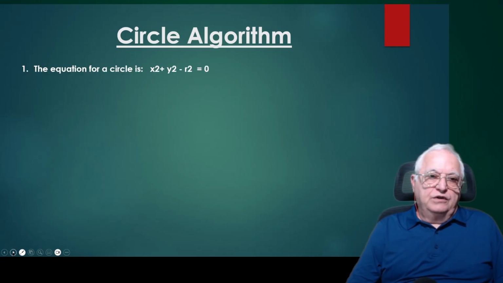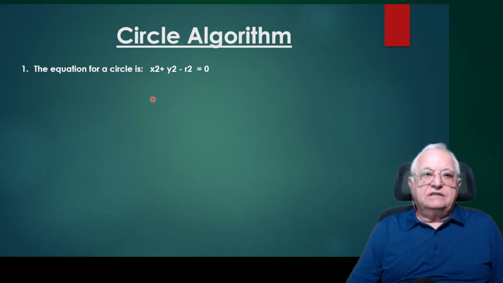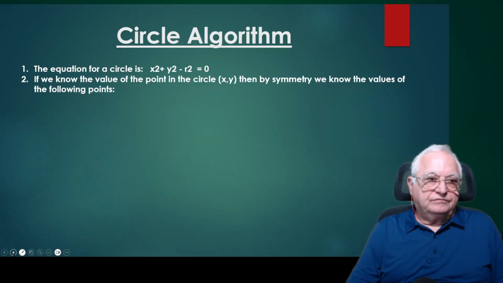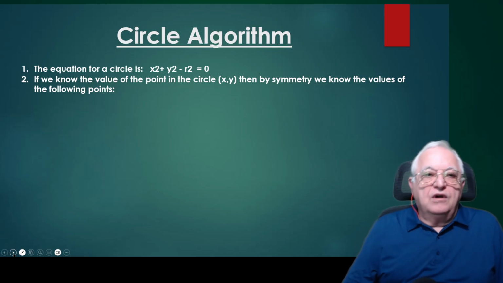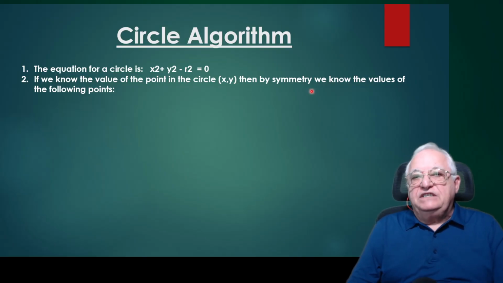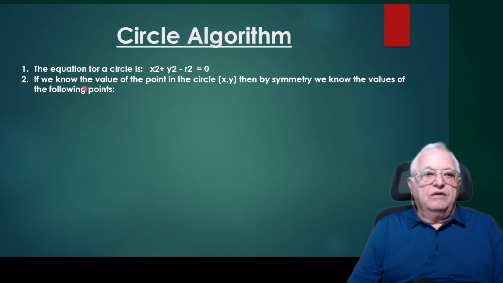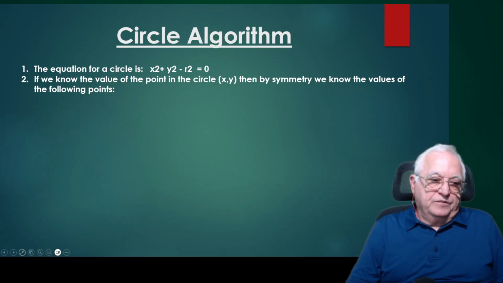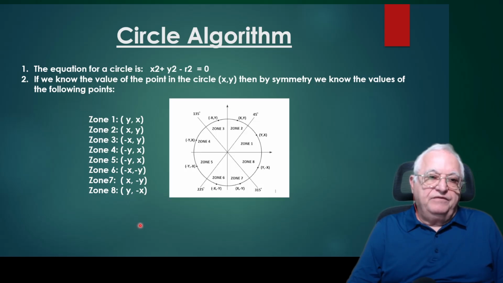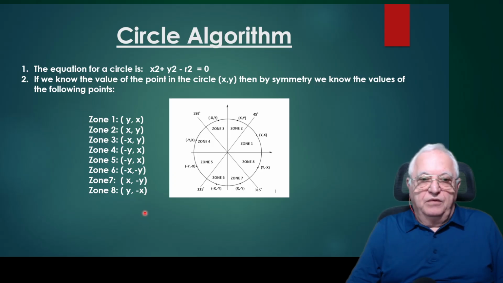The equation for the circle is x squared plus y squared minus r squared equal to 0. We know the value of a point of the circle, x comma y. Then by symmetry, we know the value of the following points. If we know x comma y, one coordinate, then by symmetry we can figure out a whole bunch of 8 points.